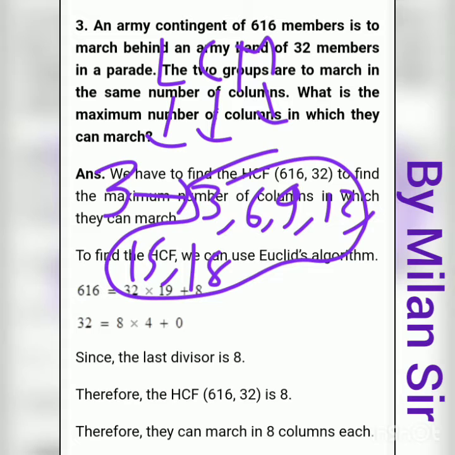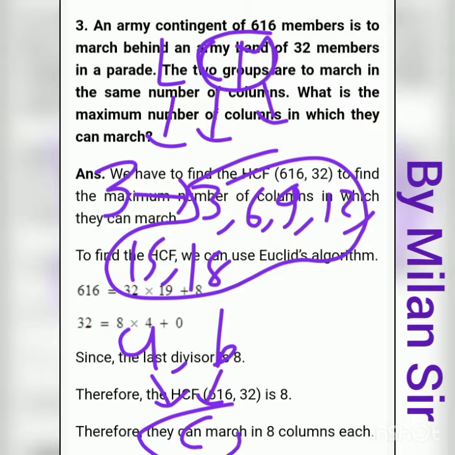Now common multiples: we have two numbers a and b. If the common multiple is c, then definitely c is greater than a and greater than b. Whether it is the lowest or highest, multiples are always greater than both these numbers.